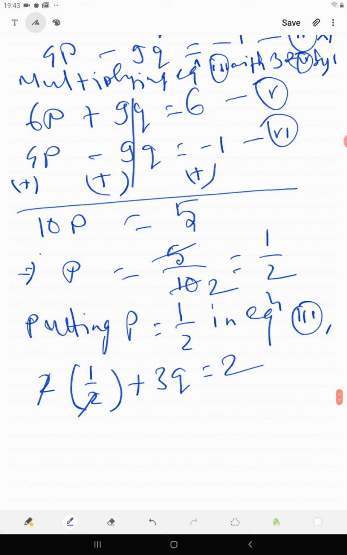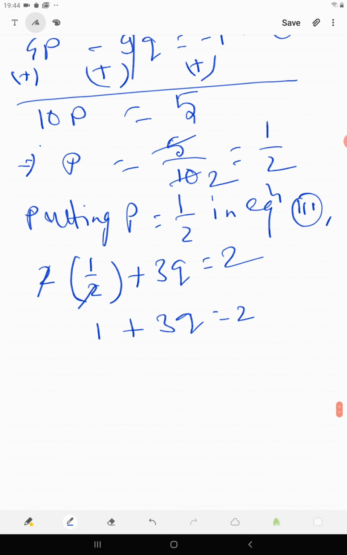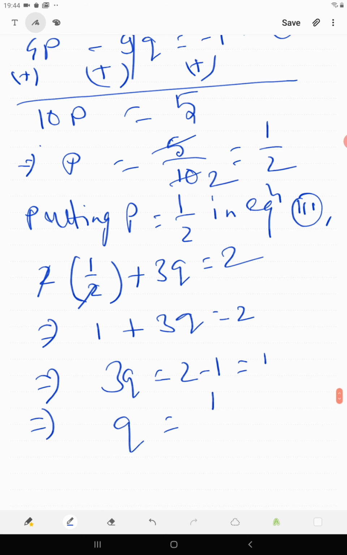So 2 cancels. What I got is 1 plus 3q equals 2. So this simplifies to 3q equals 2 minus 1, that is 1. Simplifies q equals 1 by 3. Okay, 2 minus 1. You can write this one in the next line also. Simplifies 3q equals 1 and then q equals 1 by 3.